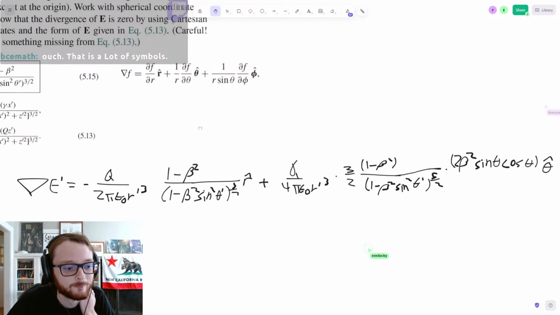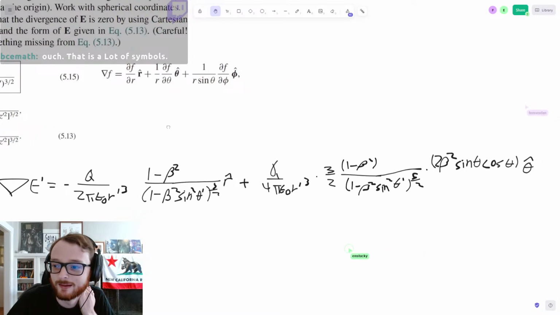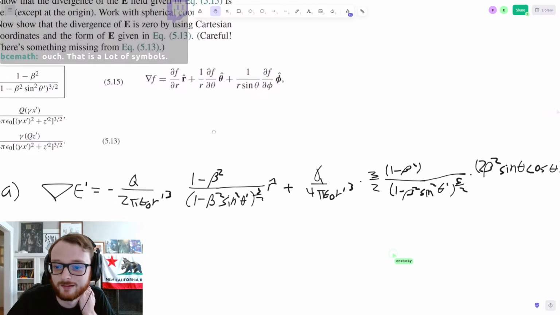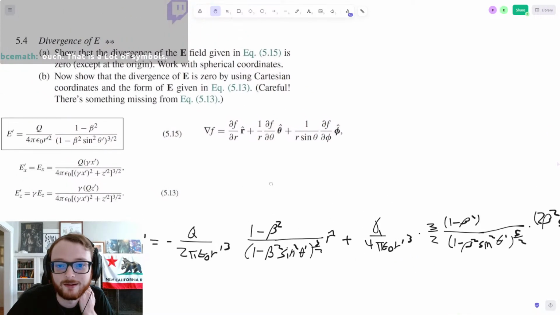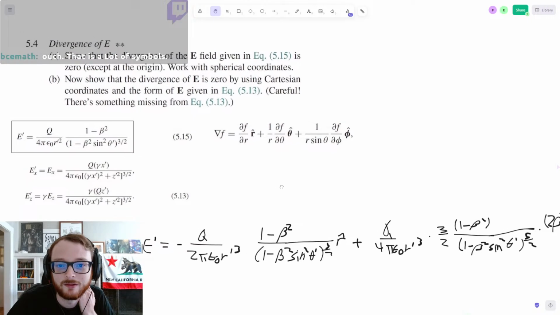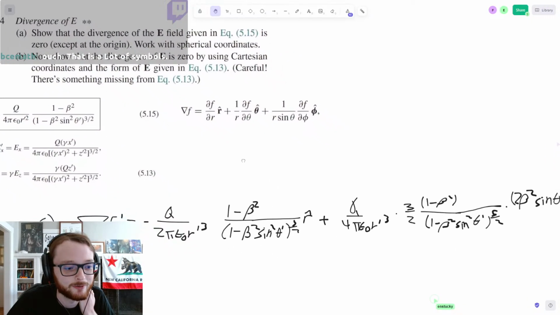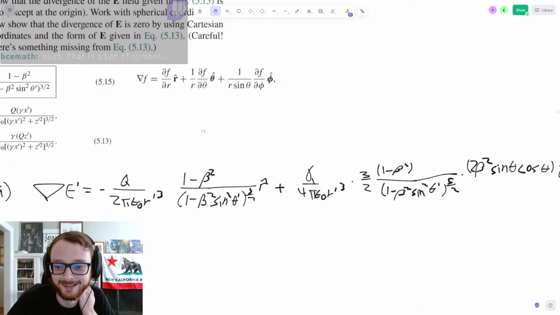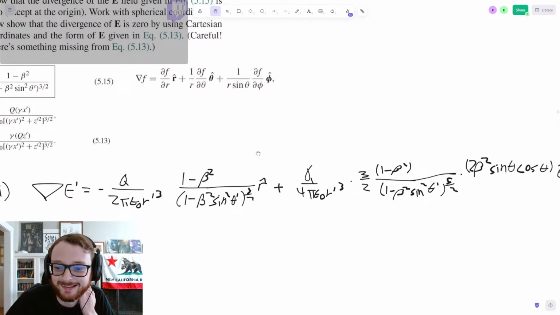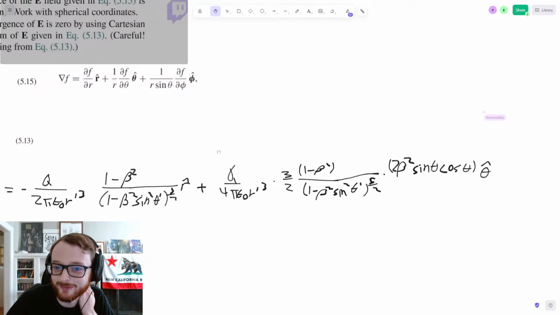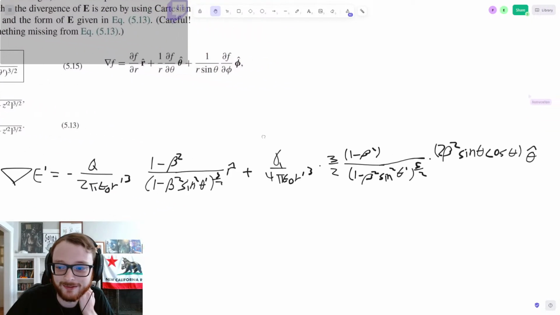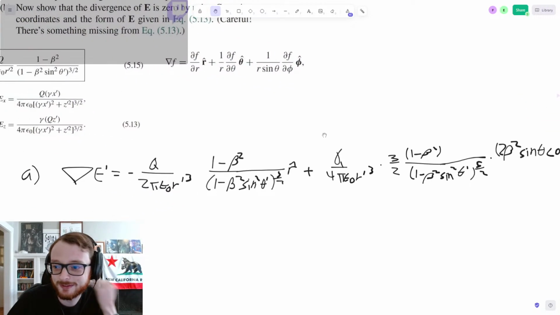One can dream. How are we going to get rid of that 3? Oh, is it 0 except at the origin? Right. Hey, Brian. It is a lot of symbols. So each of these independently has to be 0 because they're different vectors. We can't add them together for a cancellation.